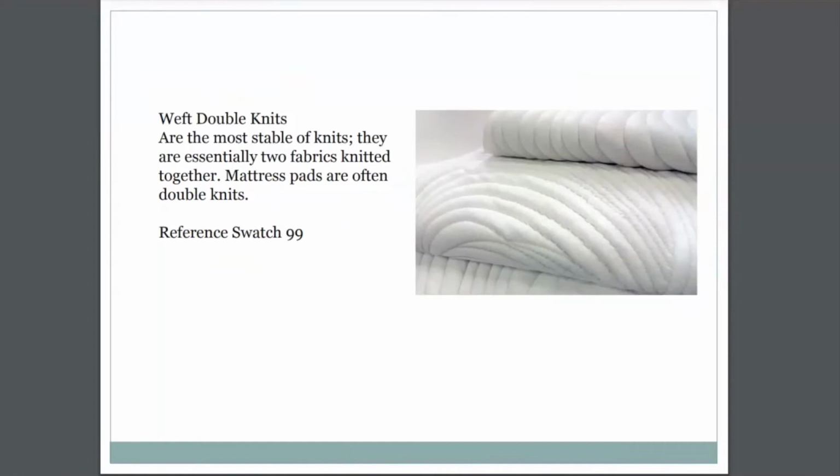So the double knits are oftentimes used for mattress pads. And it's basically like a double weave from previous classes, where it looks like two fabrics are woven together simultaneously. This is basically the same idea. It gives that same matelassé effect where two knits are knitted together.